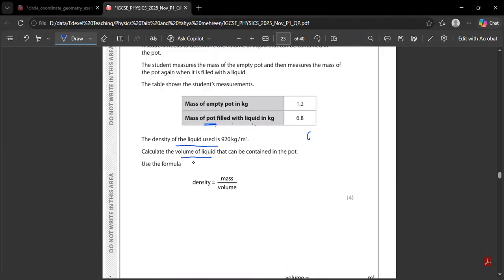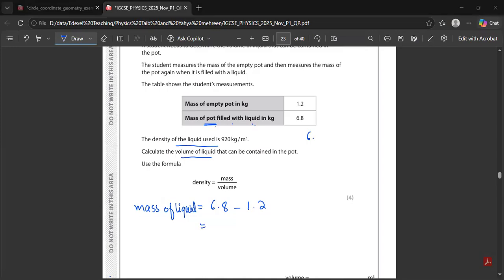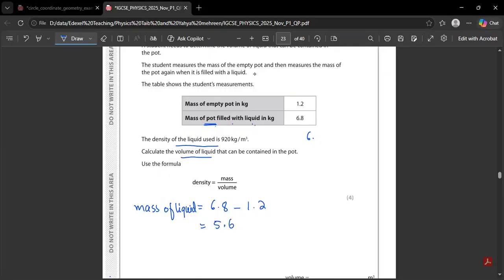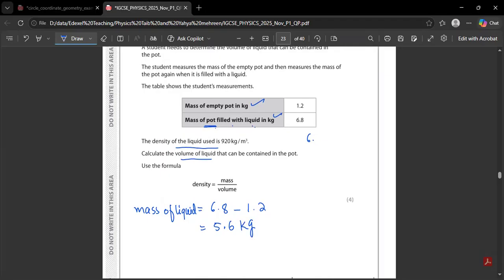So can we subtract the empty mass 1.2 from 6.8 so that we can have the mass of liquid? What will be the answer? It's going to be 5.6. Both are in kilogram, therefore we are getting kilogram, right?